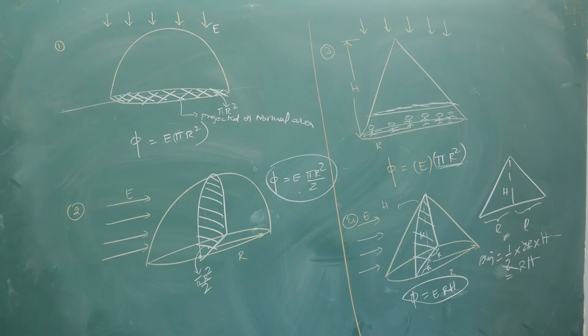Now why did I discuss this much? I will tell you. Every time, you don't need to integrate from the basic definition. You don't need to integrate. If you have a constant electric field, stick to these basic definitions. Okay, right?